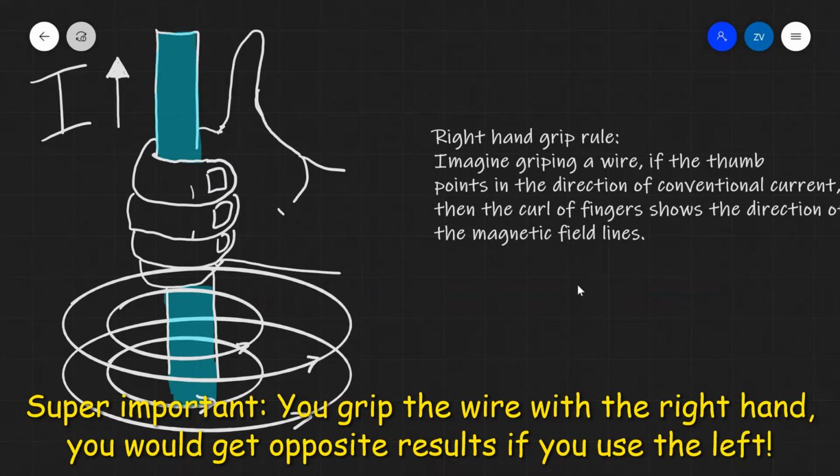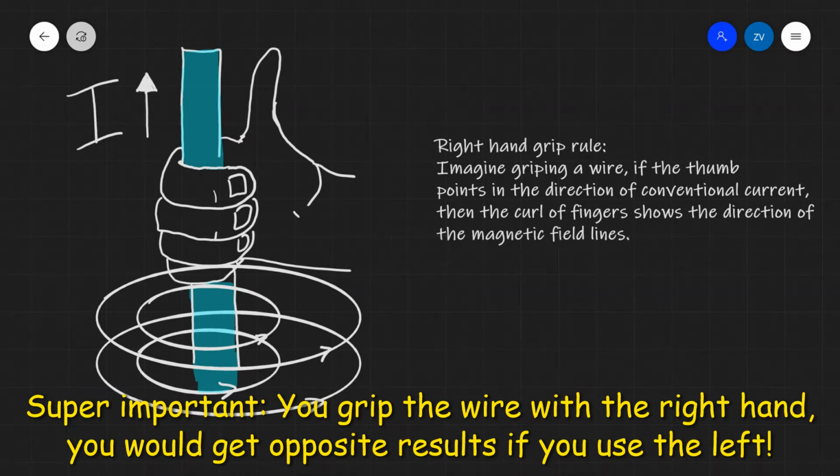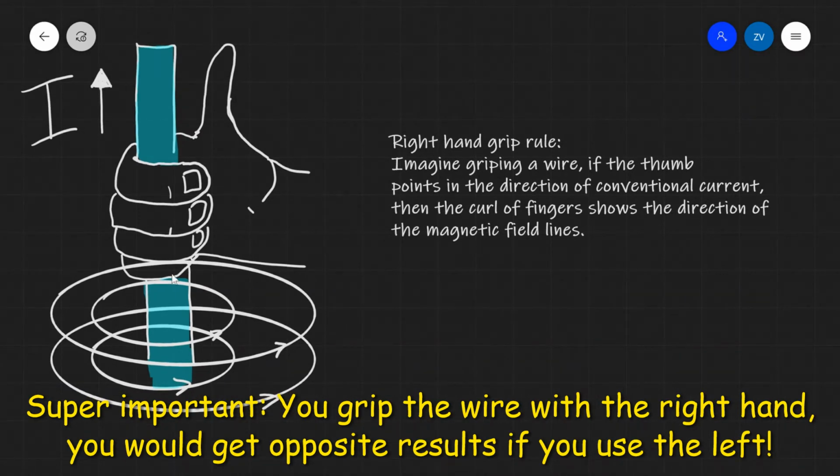Some exam questions may try and trick you by giving you the electron flow direction, but the current will be the opposite direction if that's the case. In either case, the direction of the conventional current in this case is upwards. So if we align our thumb with the direction of conventional current, we can see that the curl of the fingers will coincide with the direction of the magnetic field lines.